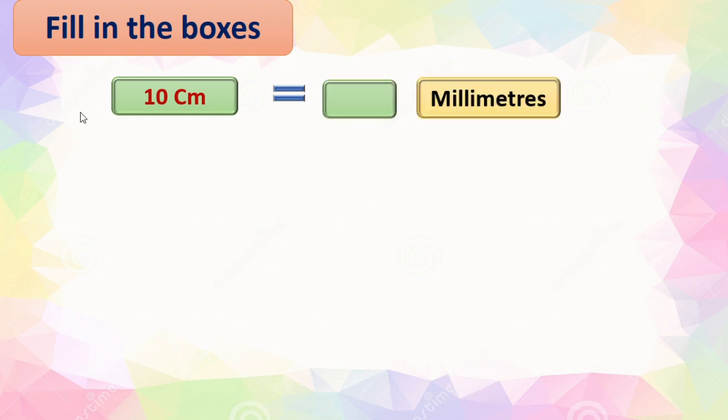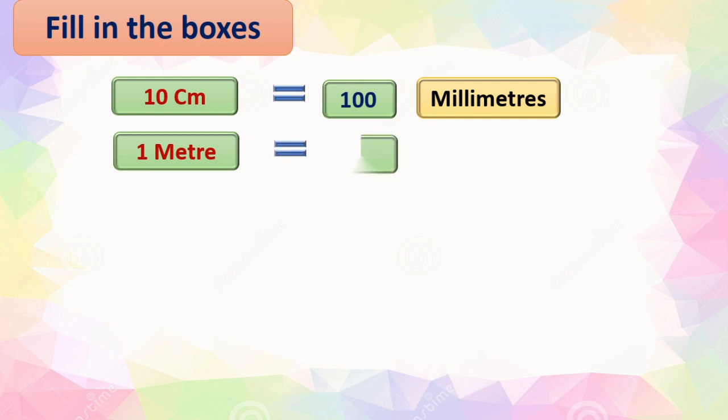Fill in the boxes. 10 centimeters is equal to dash millimeters. Come on, tell me now. 10 centimeters is equal to dash millimeters. Yes, very good. 100 millimeters. Next one. 1 meter is equal to dash centimeters.